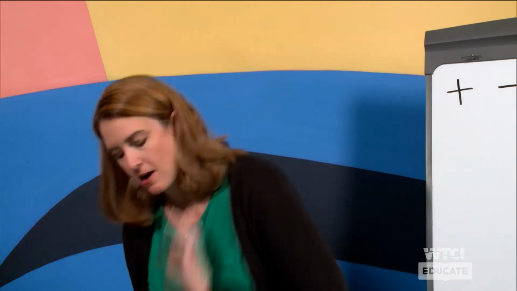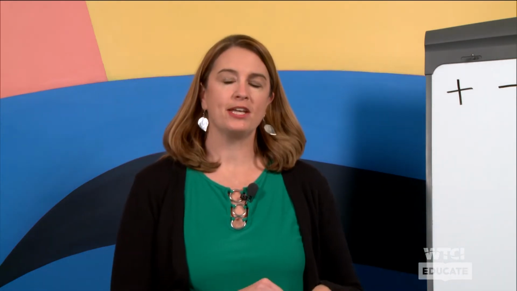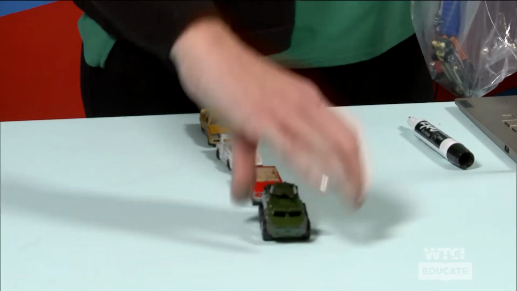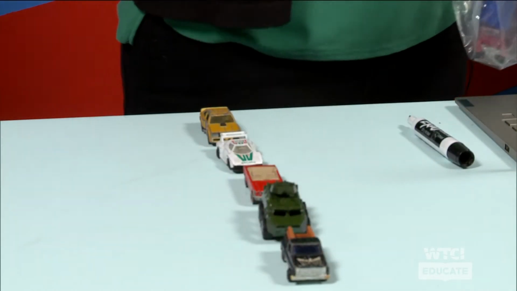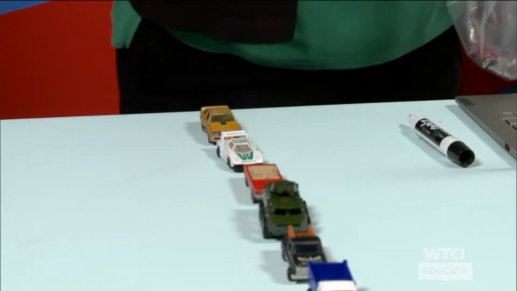All right, I'm going to get out my toys. Those are going to be our objects for today, and I'm going to use those to act out my story problem. So, the first part of the story said there were 7 cars driving on the road. 1, 2, 3, 4, 5, 6, 7.